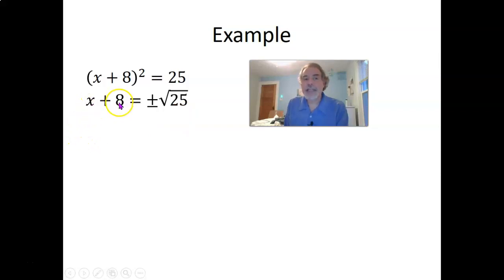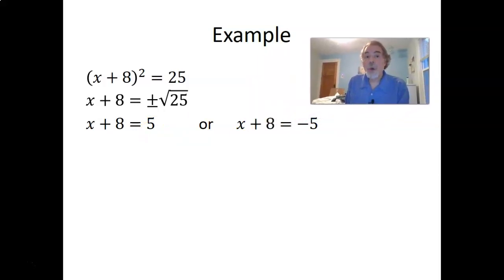So that means that x plus 8 could equal the positive square root of 25, which is 5, or it could equal negative 5. And then either way, to get what x itself is, we would have to subtract the 8. So x equals negative 3, or x equals negative 13. So there's our two solutions.